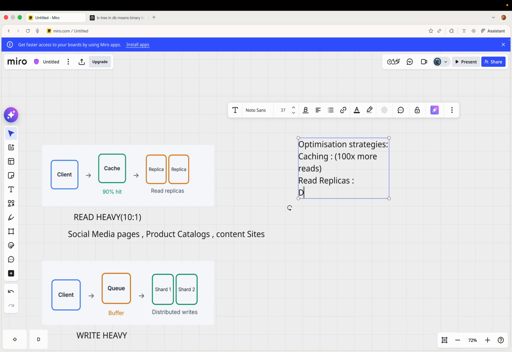And one more thing is denormalization. Normalization means you have too much data and you divide it. If you take SQL tables, orders and customers, the customers table is different and the orders table is different, with a relationship between them using a foreign key. This is normalization, dividing the existing data.